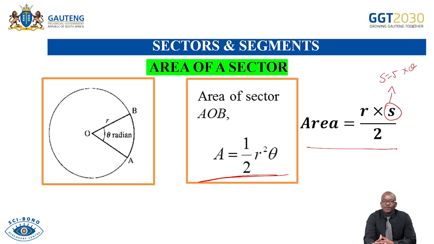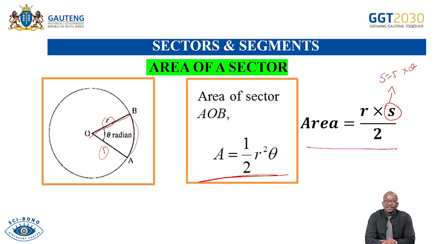So in our formula sheet, the description of these formulas is given in full. They are telling you that this is the area of a sector and this is the length of a chord. So now, with a sector, we know that a sector is formed by two radii together with the arc.